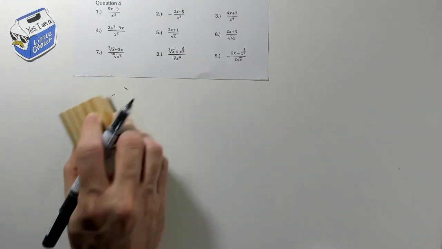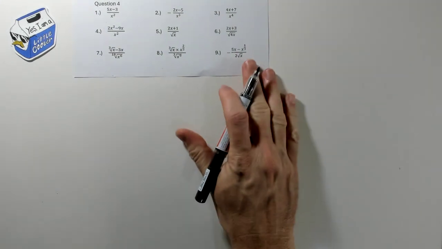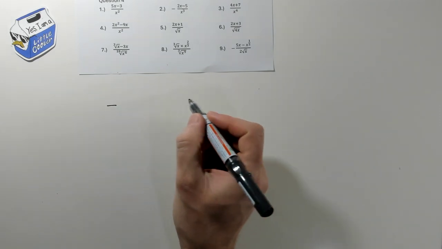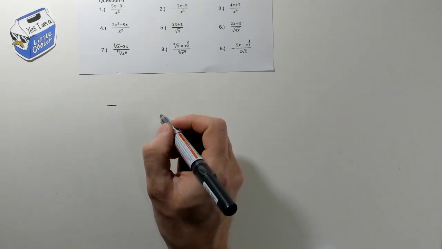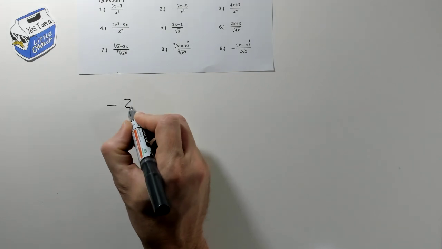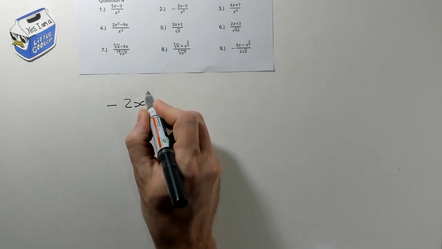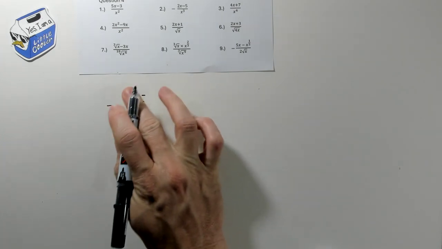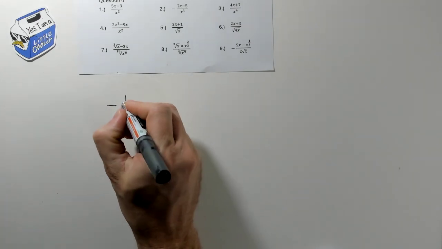Okay, last one. Let's see, minus, am I going to split it? Let's not split it. Let's do it like this time. Let's do minus 2x to the power of negative, oh no, it's not 2, it's a half.